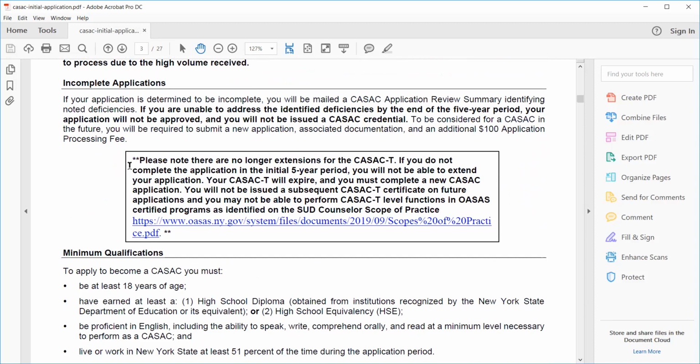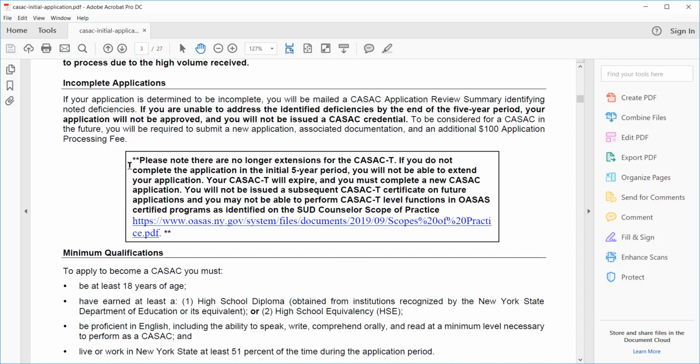But what we want you to do right now is to be working toward your CASAC T. Your CASAC T, not your CASAC. It is one application regardless. So do not freak out and get in touch with me and Dr. Pickering when you get the deficiency list.